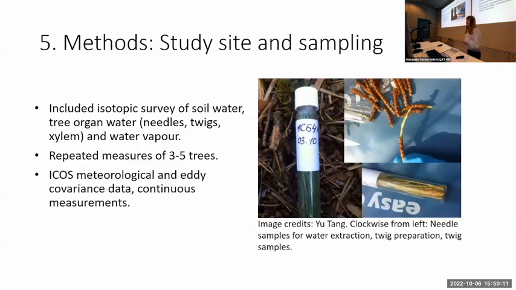And then there was an isotopic survey where there were soil water samples, tree organ samples, and water vapor taken. And there were 3 to 5 trees sampled per sampling day. Both of these sites were ICOS sites, so that was really helpful because there was continuous meteorological and eddy covariance data available for this sampling year.